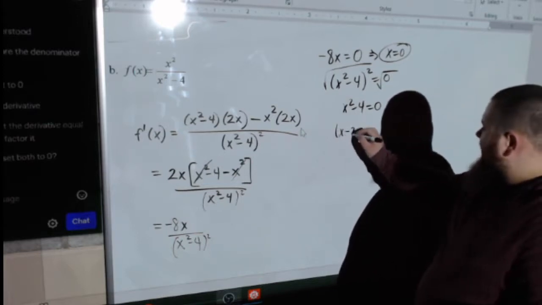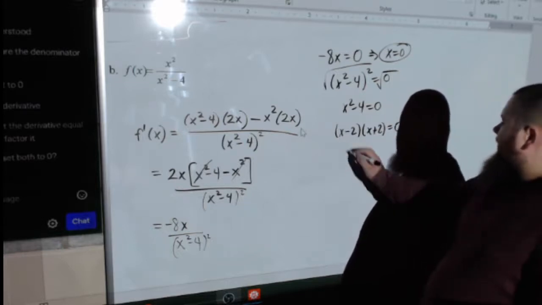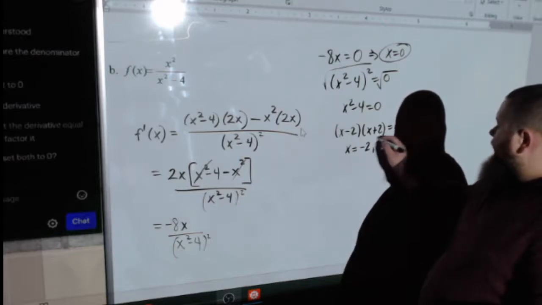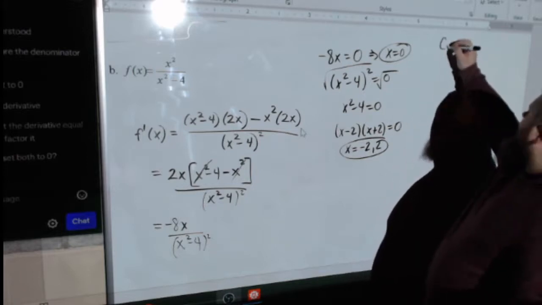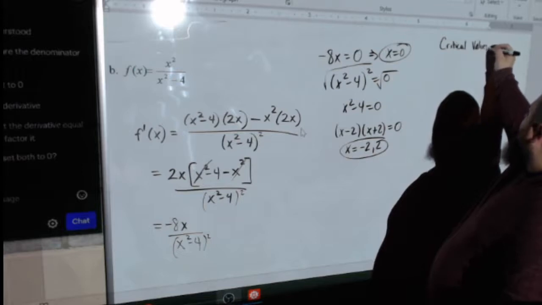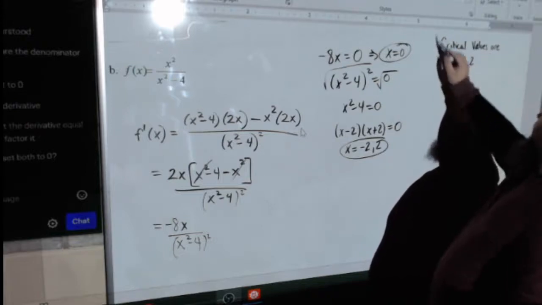So that's x minus 2, x plus 2. Therefore, you get x equal negative and positive 2. So, critical values are negative 2, 0, and 2.